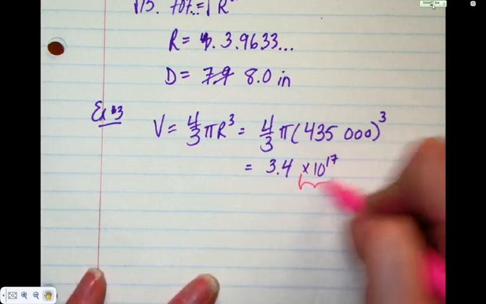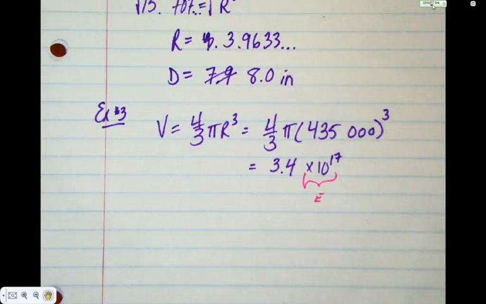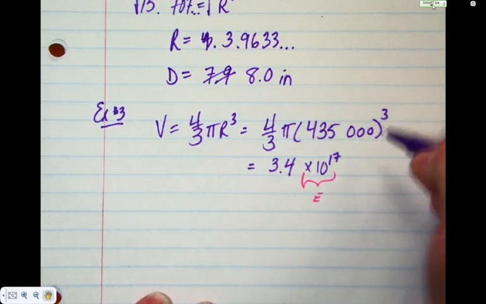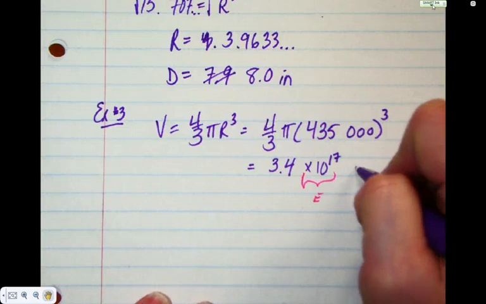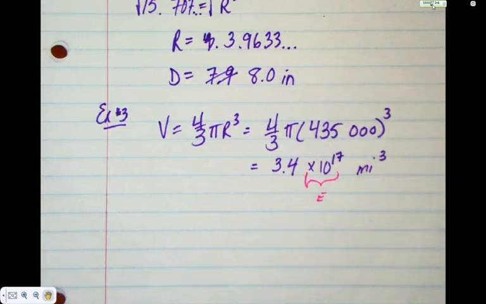You may have a little e, depending on which version of the calculator you have. If you have an e, that means times 10 to the 17. Huge. Units. They estimated it. Now do you know what the little e or the times 10 means?